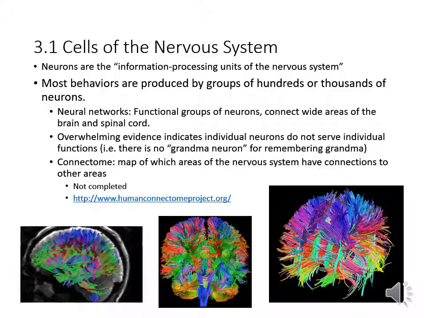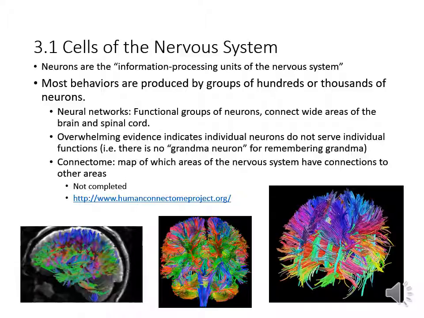We now know that that's very likely not true, and overwhelming evidence indicates that groups of cells and networks of cells actually encode even a single piece of information. And so neural networks are really what's doing the jobs in the brain.